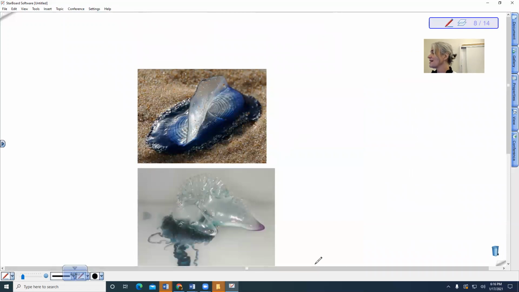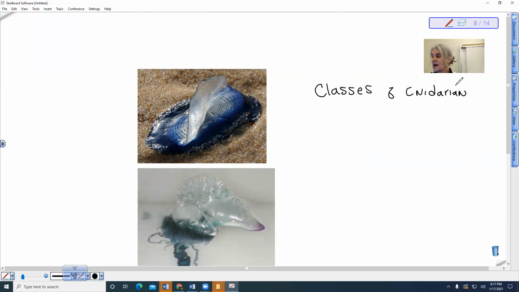So I'm going to list the classes that you need to know. So Cnidaria is actually a phylum, right? So we have kingdom, phylum, class. So this is the next level down, and then order, family, genus, and species. And they tend to be classified based upon what body form they are, okay?